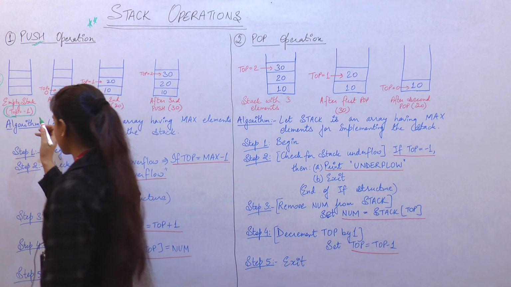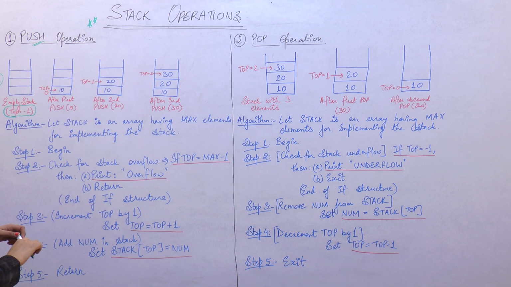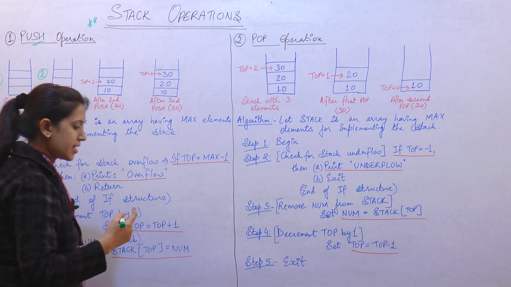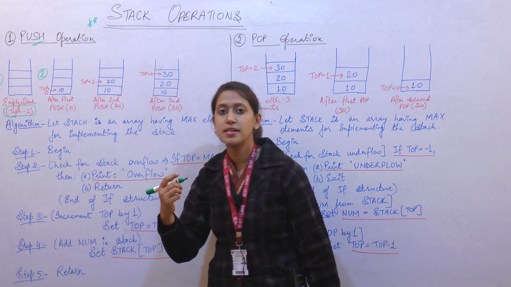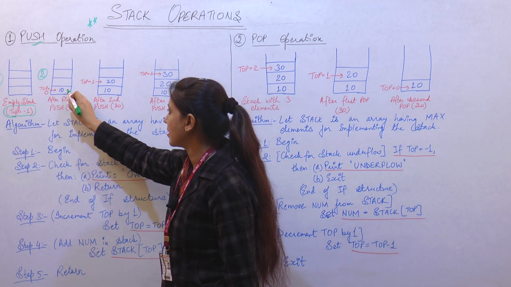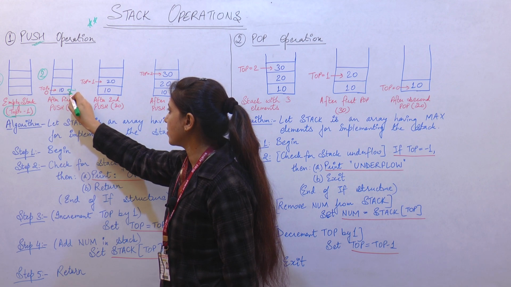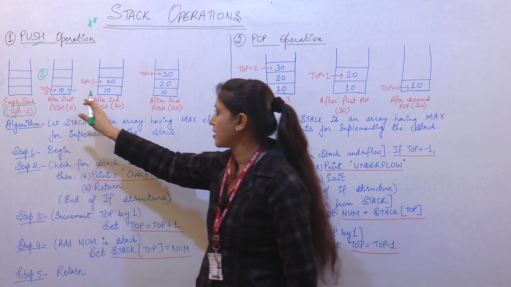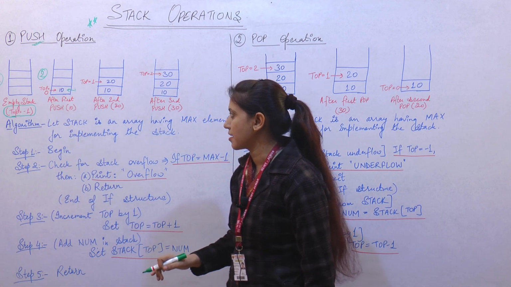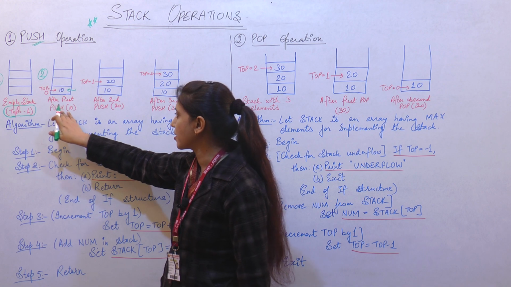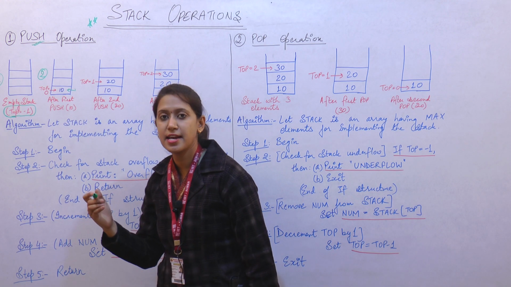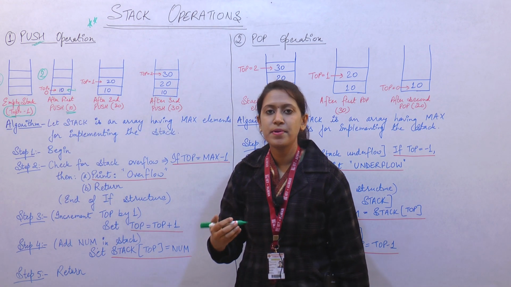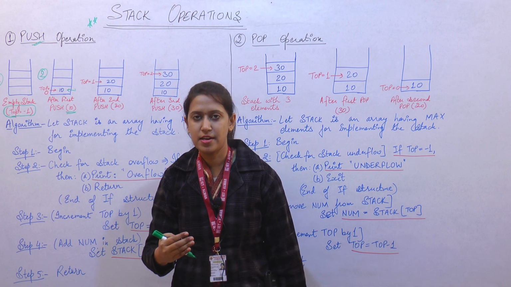After this first step, we first created an empty stack. In our second step we are inserting a data element 10 in our empty stack. So after pushing the first data element, 10, in the stack, the value of top will increment by 1.